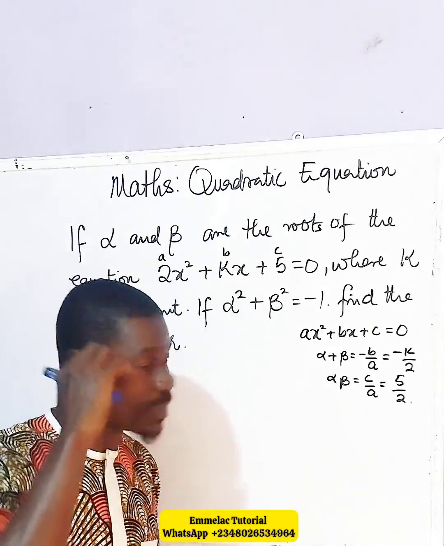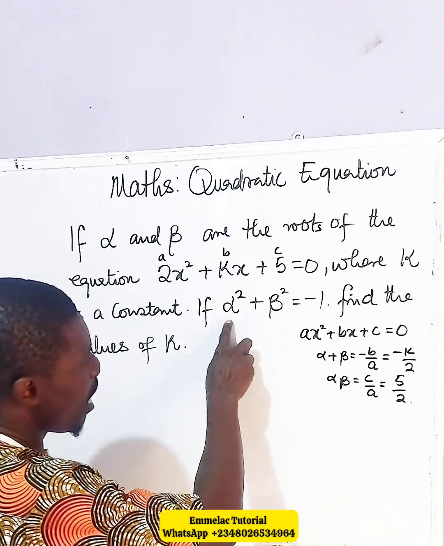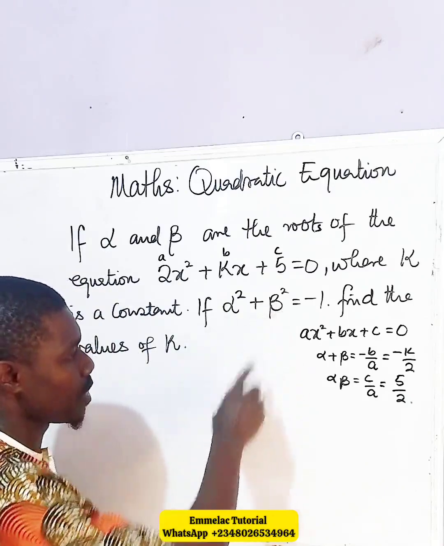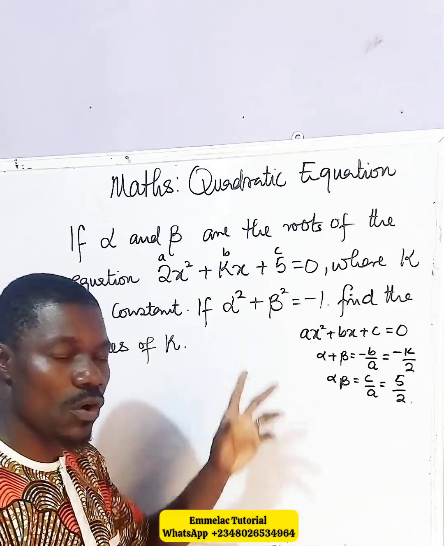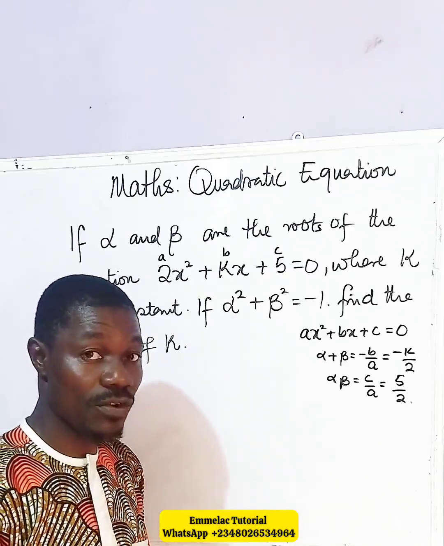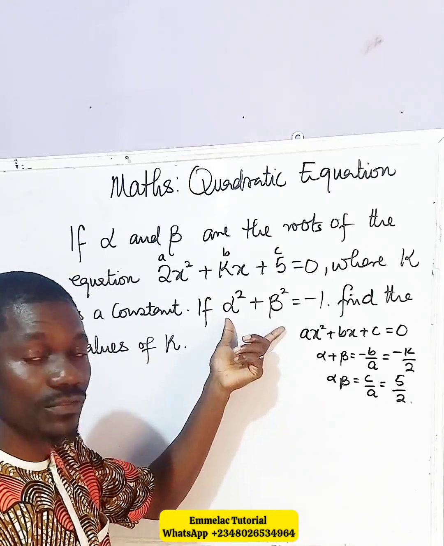Now there's a problem here, and the problem is, how do we get alpha squared plus beta squared? What we just need to do is recall an algebraic formula that we can derive this from.